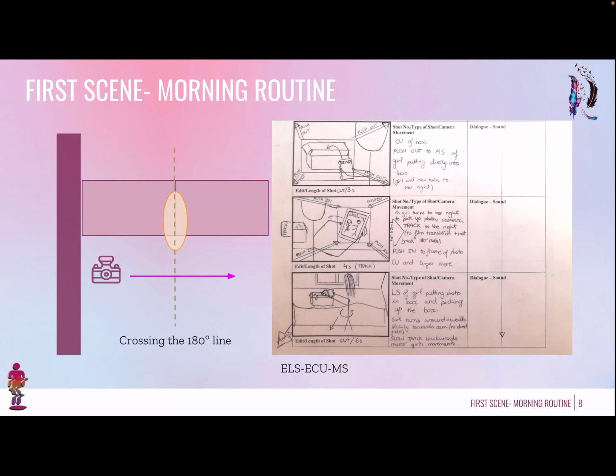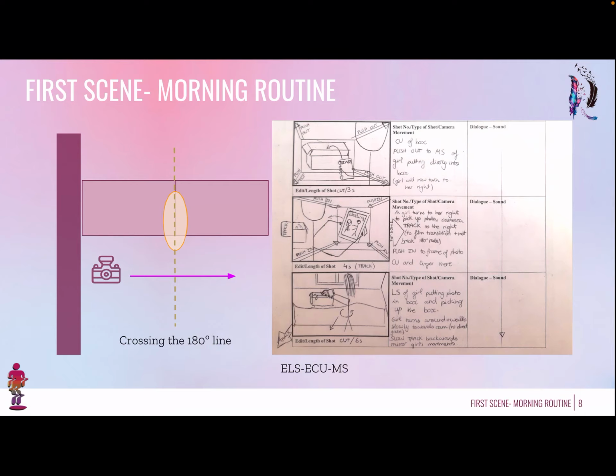And so then the girl is going to be at the left of the frame, looking to her right, and looking to a photo of a wedding, of a married couple. This photo is really important, so the camera is going to push in on that photo to a close-up and linger there.